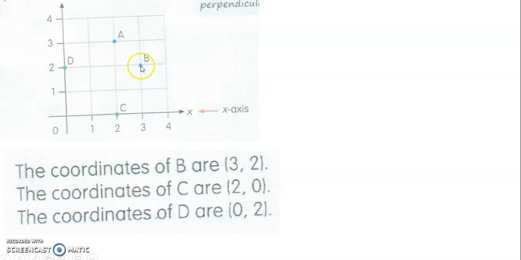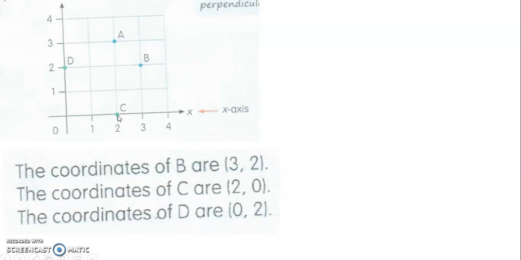So the point B is at the number 3 on the x-axis, and it lies on the point 2 on the y-axis. The coordinates of the point C are 2 and 0, right? Because it lies on the x-axis at the point 2.